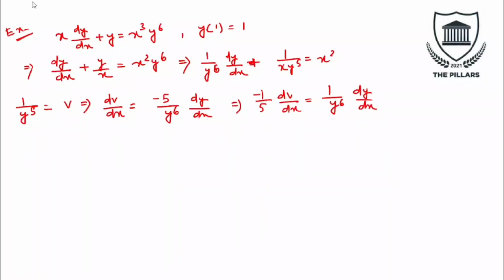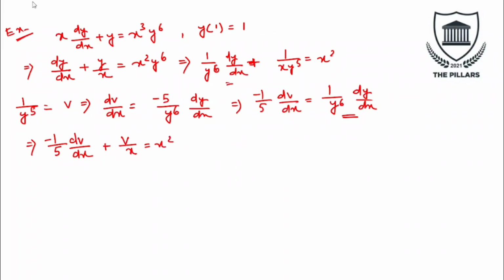And we can substitute this value in this equation here, and this becomes minus 1 by 5 dv by dx plus v by x is equal to x square.